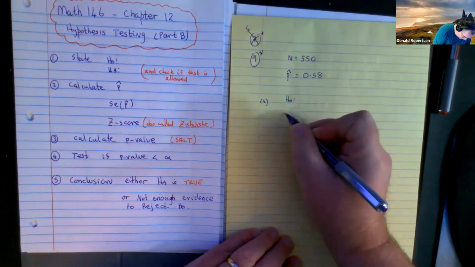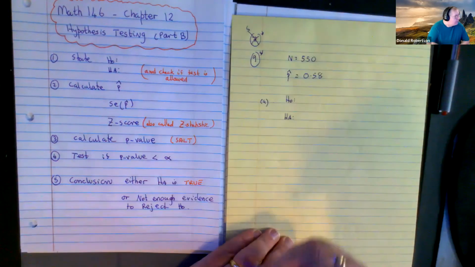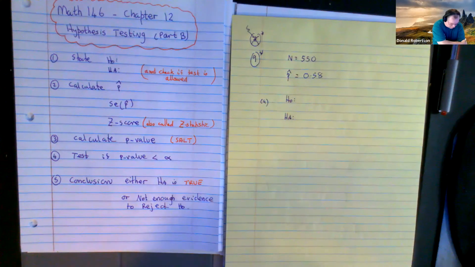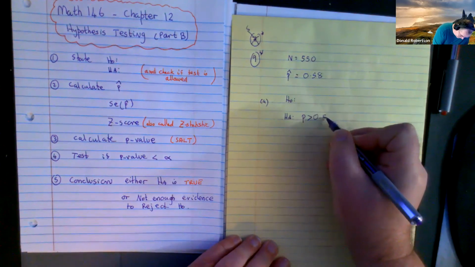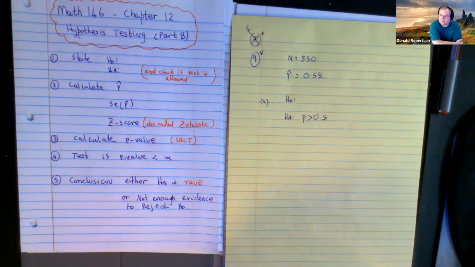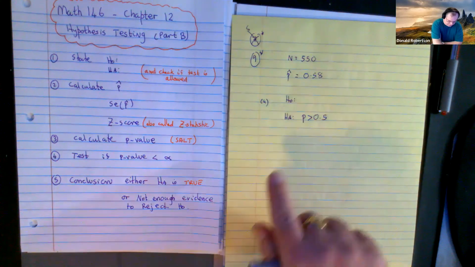Let's do H0 and HA. It says in question A, set up the null and alternate hypothesis for deciding whether more than half of American Catholics favor women priests. So you're trying to prove that this value for the whole population is more than half, right? They said it in English, more than half, that was a bit where I stopped.